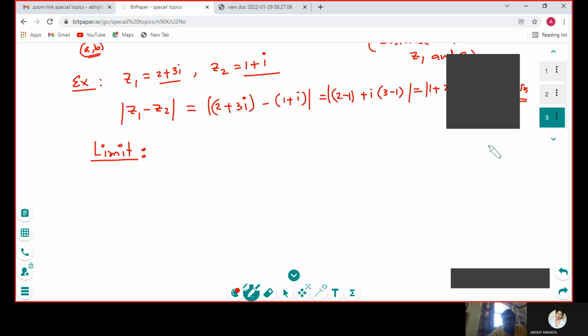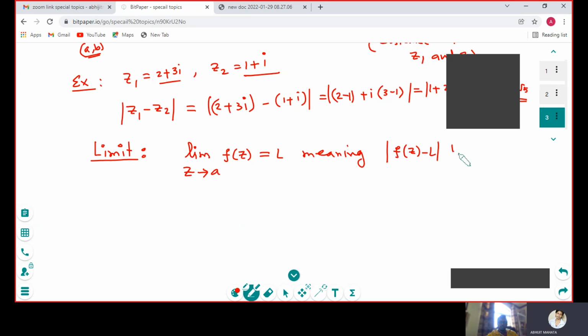Let me write it here. Limit: if I write limit as z tends to a complex number a of f of z, where f is a complex valued function, equal to another complex number l, this means the distance between f of z and l becomes smaller if z minus a, the distance between z and a, becomes smaller.